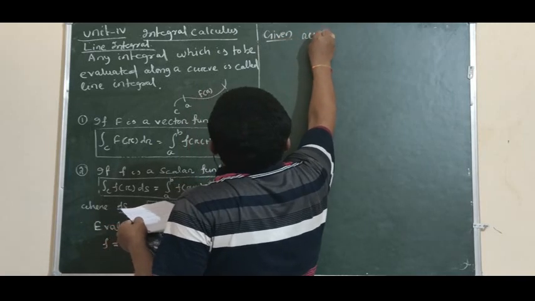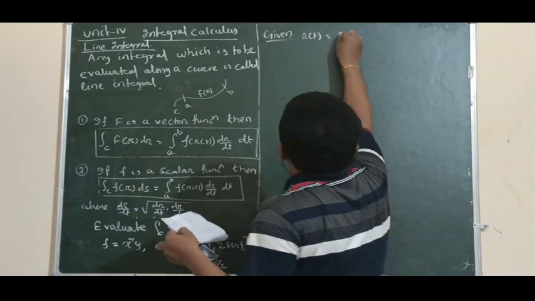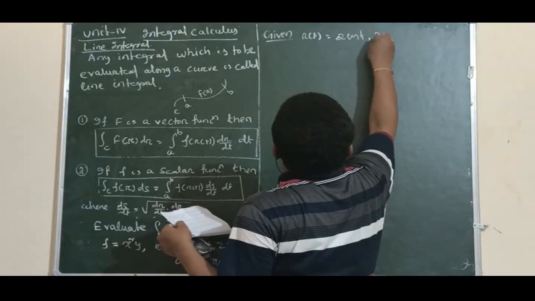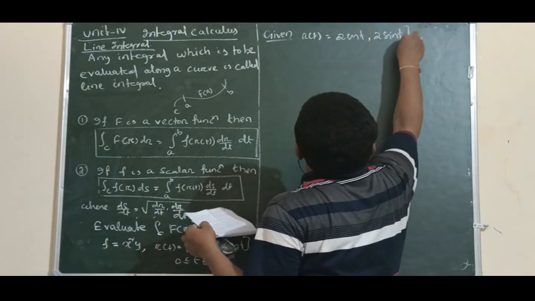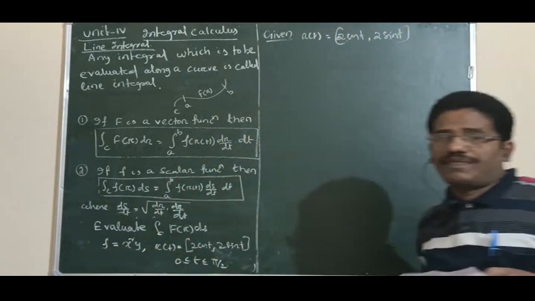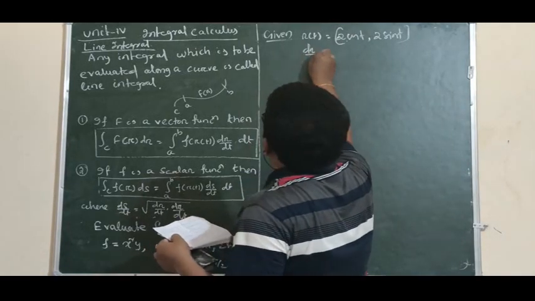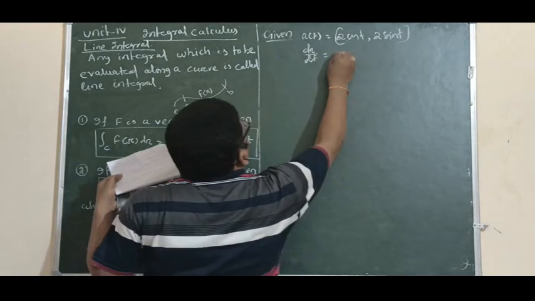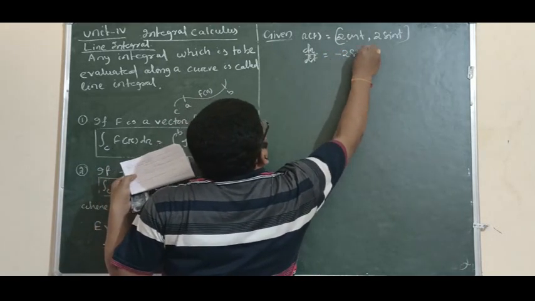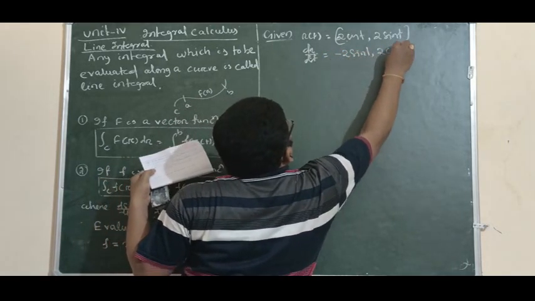Given r of t equal to (2 cos t, 2 sin t). What is your dr by dt? Your dr by dt equal to (minus 2 sin t, 2 cos t).